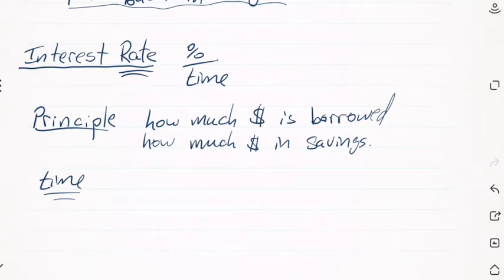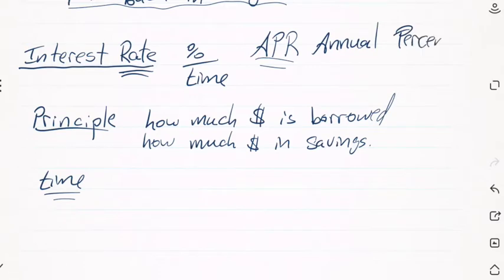So when we talk about an interest rate, we generally talk about APR, which is an annual percentage rate. Annual percent rate. And APRs are the most common types of interest.